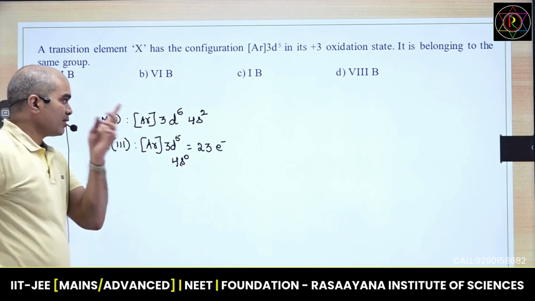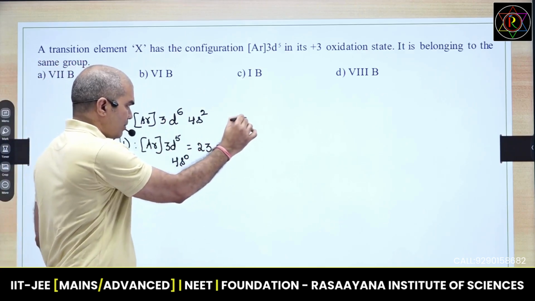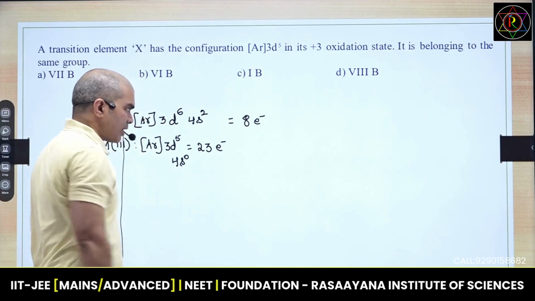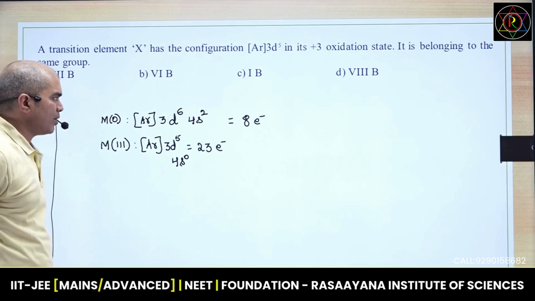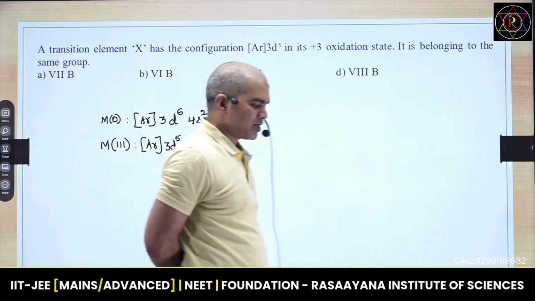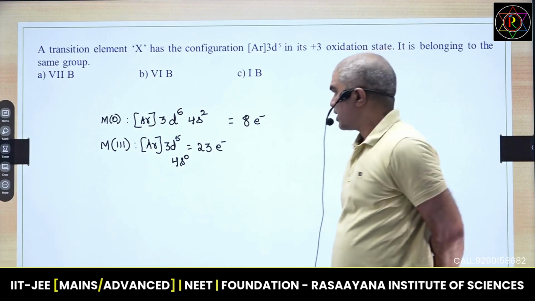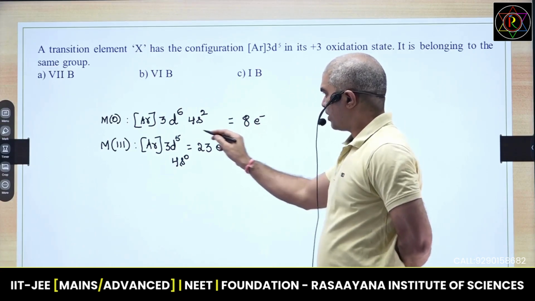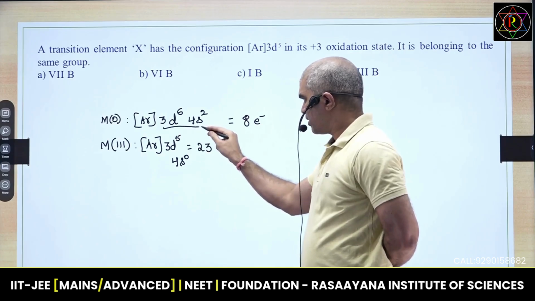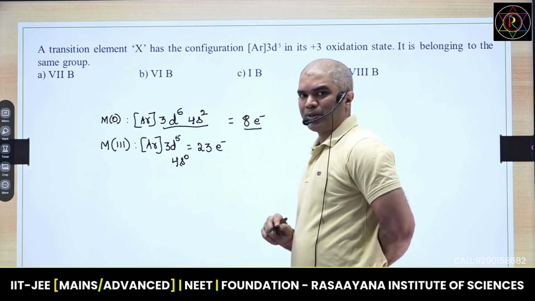When I say 3d6 4s2, forget about argon, 6 plus 2, 8. So where does it belong to? Valence electrons are 8. Therefore it has to belong to the 8th group.